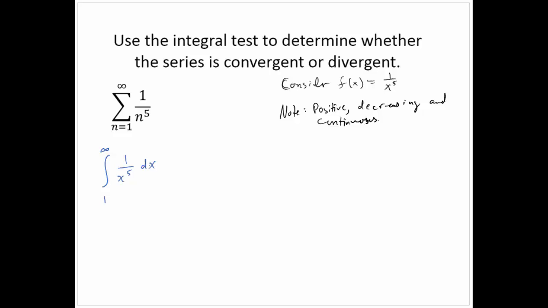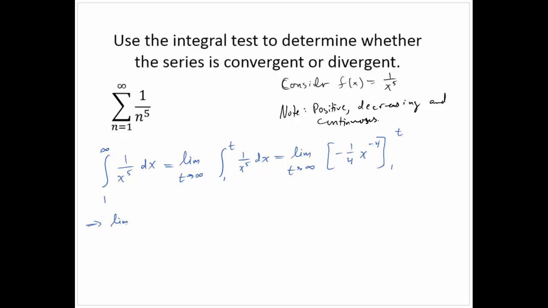Alright, so remember this improper integral. To evaluate it, we rewrite this as a limit with t approaching infinity of the integral from 1 to t of 1 over x to the fifth dx, which would be the limit as t approaches infinity of negative 1/4 x to the negative fourth from 1 to t.